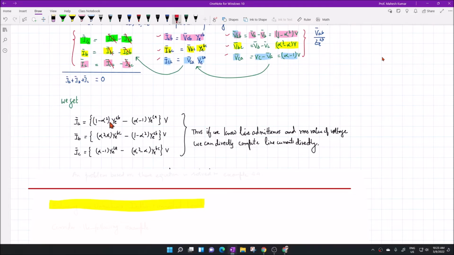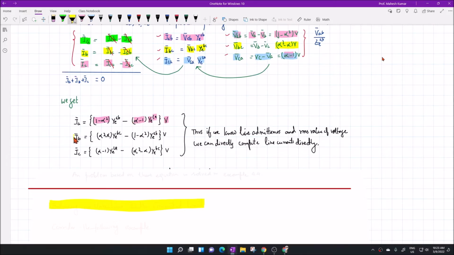So IA becomes VAB into YLAB, and VAB is 1 minus alpha square V. So this is the VAB, this into this, and this is YLAB, minus ICA. So ICA becomes VCA into YLCA. Okay, so this is YLCA, and VCA becomes VC minus VA, which is alpha minus 1. So this is alpha minus 1.